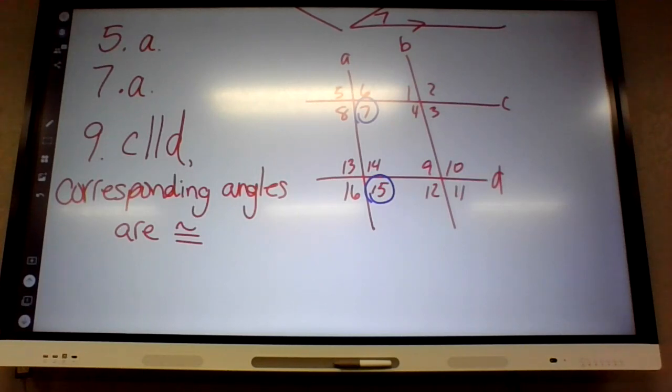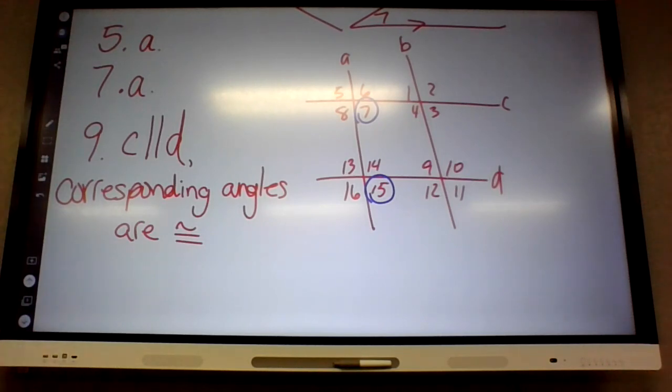So here's our word bank: corresponding angles, alternate interior, alternate exterior, and the one we can never remember, consecutive. Some books call it same side interior, which would probably be easier to remember.